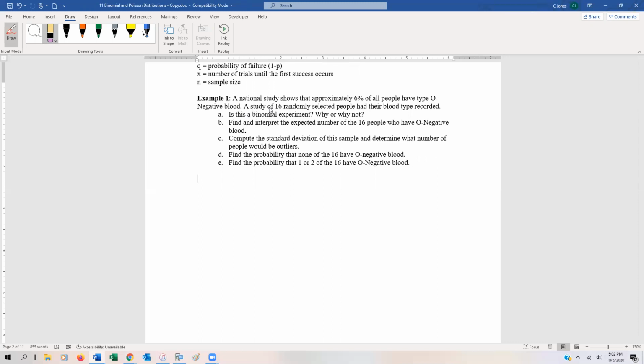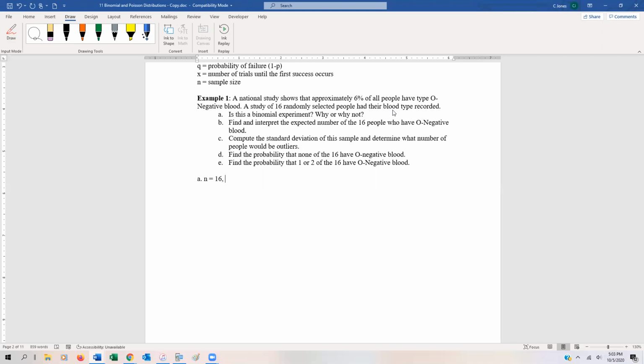Let's say for some reason we study 16 randomly selected people, and they have their blood type recorded. And the first thing we want to do is determine if it's binomial, which means that we have to go through those 4 different possible outcomes. So remember, the first thing that we have to do is identify if the number of outcomes is fixed, and in this case it is, it's 16.